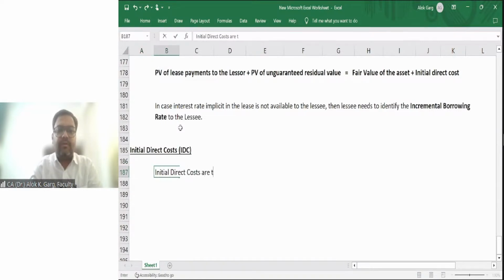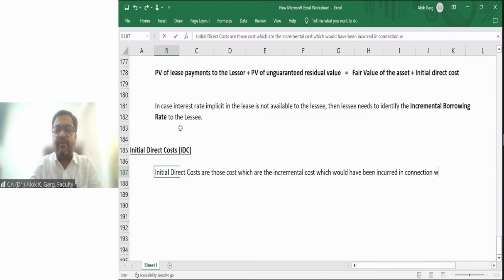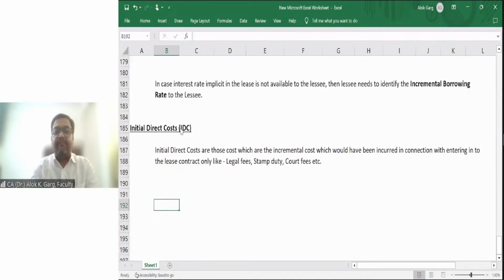Initial direct costs are those incremental costs which would have been incurred in connection with entering into the lease contract only, like legal fee, stamp duty, port fees, etc. Okay, so these are the examples of initial direct cost.